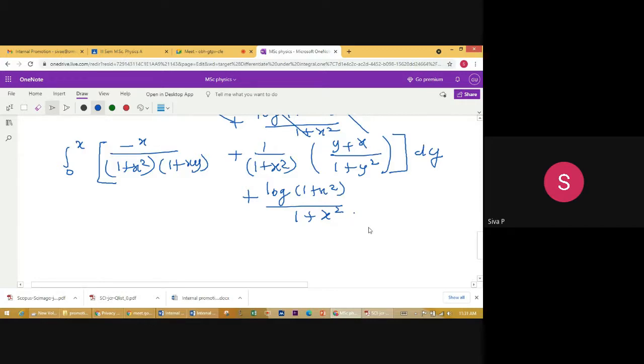Here they are resolving through the partial fraction method. They are writing one method.